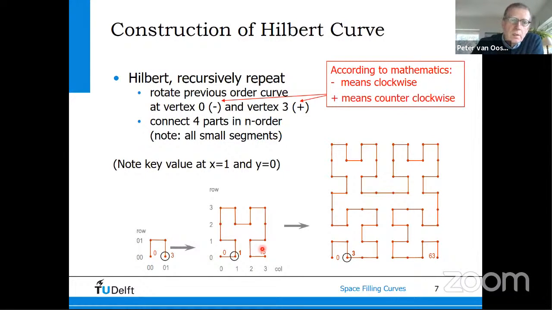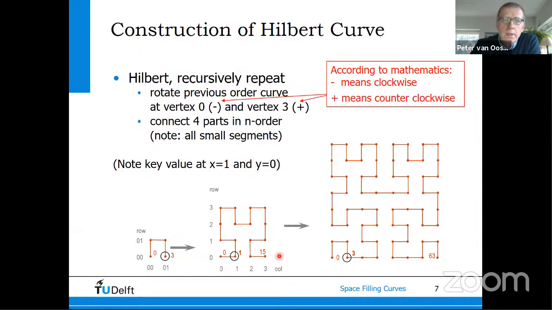So let's take this little arch and rotate it counterclockwise. So we have then 4 arches, we can connect them, and the last point of the first arch can be connected to the first point of the second arch. The last point of the second arch can be connected to the first point of the third arch. And the last point of the third arch can be connected to the first point of the last arch.